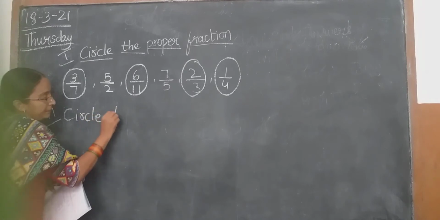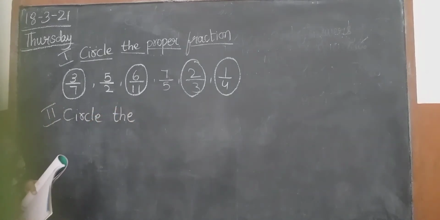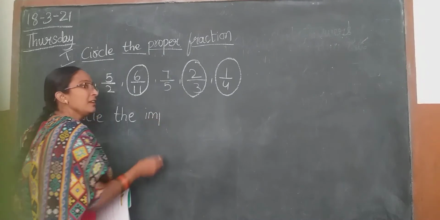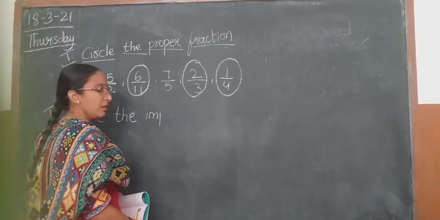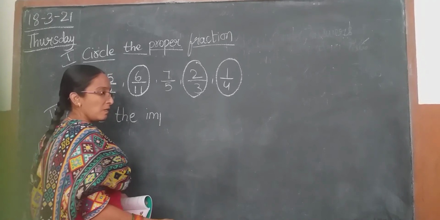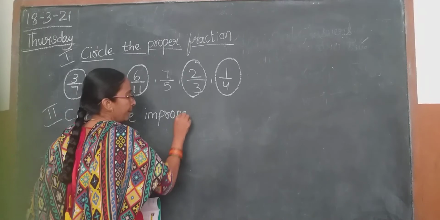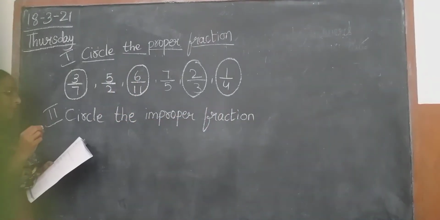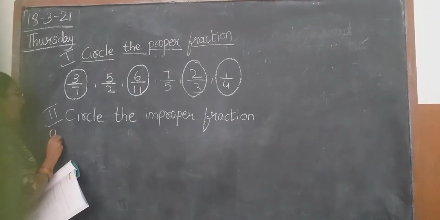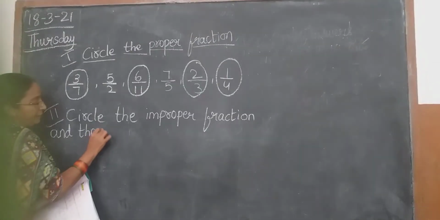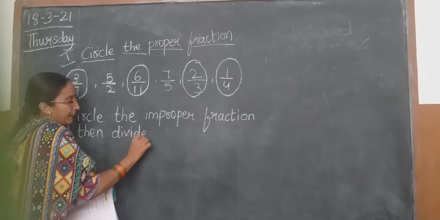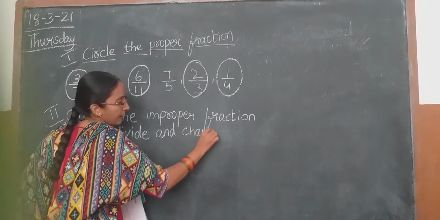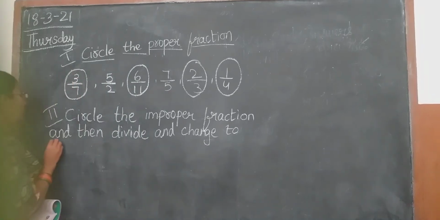Circle the improper fraction, and then divide, and change to mixed fraction.